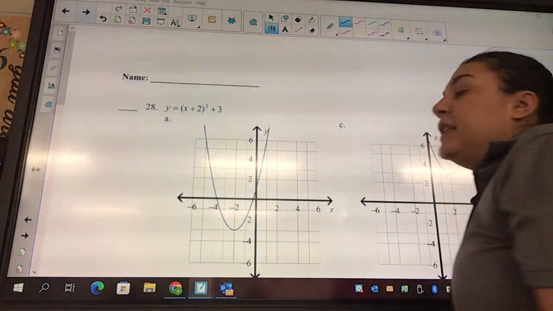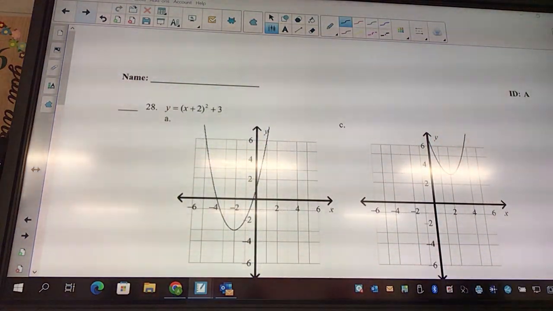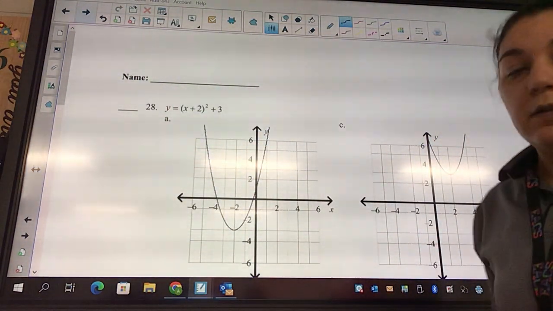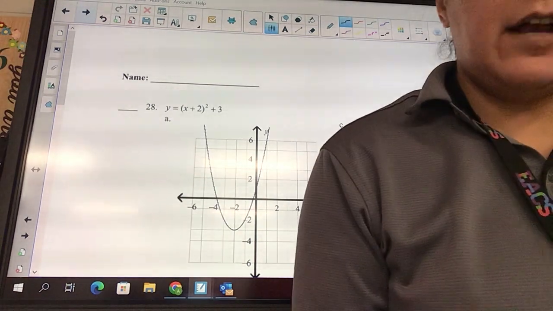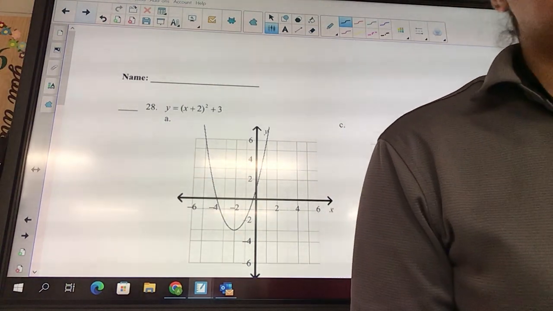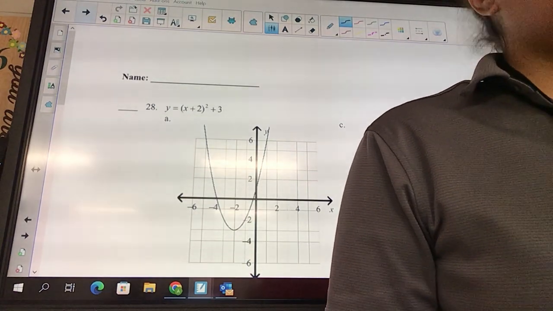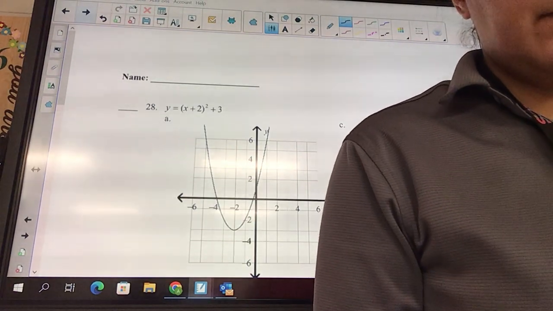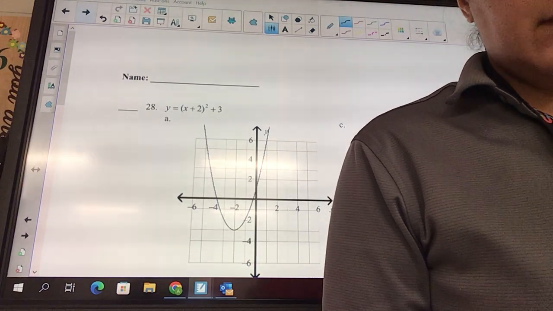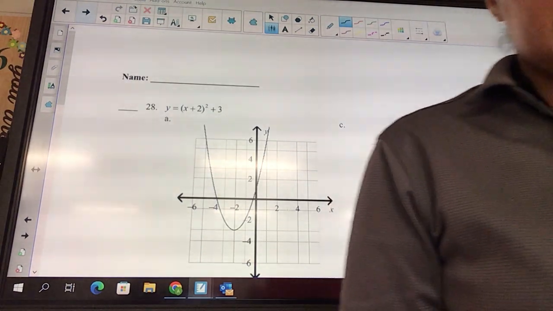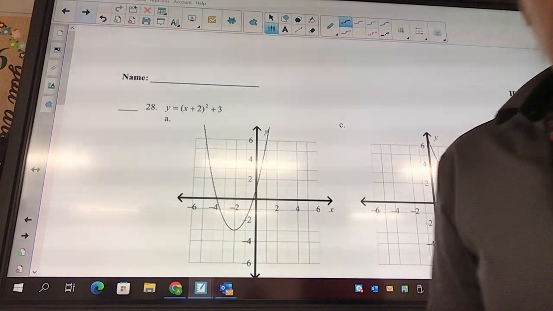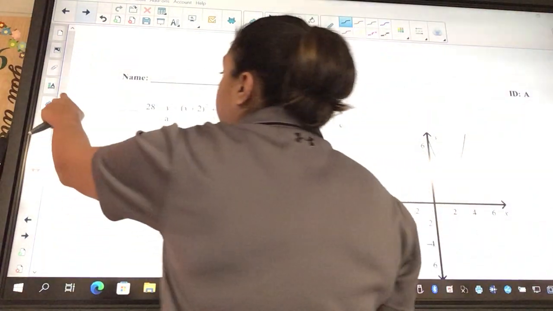Okay, 28. What does that plus 3 on the outside do? Goes up 3. So look at what the descriptions say. What can we eliminate? We can eliminate A because it says what? It says down 3.